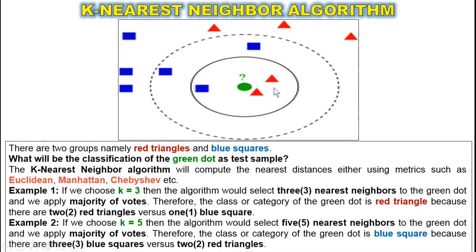If we apply the majority of votes, therefore, the class or category of the green dot is a blue square, because there are 3 blue squares versus 2 red triangles. And that is how simple the steps are, how the K-Nearest Neighbor will classify an instance, whether it is a red triangle or a blue square.